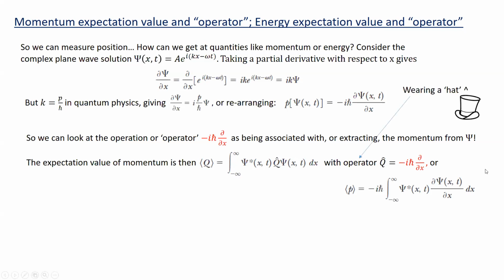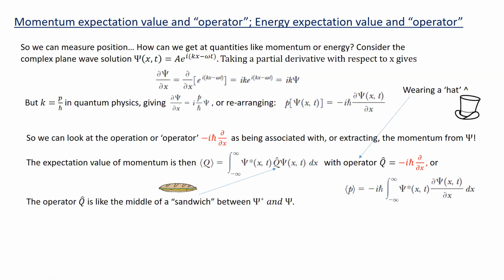But as to the operators Q, we distinguish them from ordinary numbers with a hat. So Q hat, or P hat, or X hat, or E hat, just means it's an operator. That is, it's not a function. It's something which acts on a function to produce another function. So it wears this caret, which I've represented as this little top hat here.